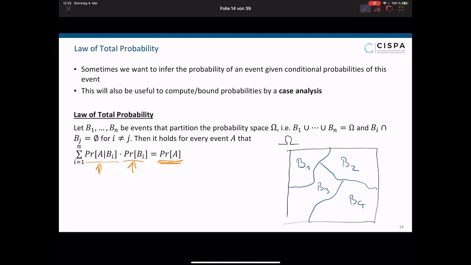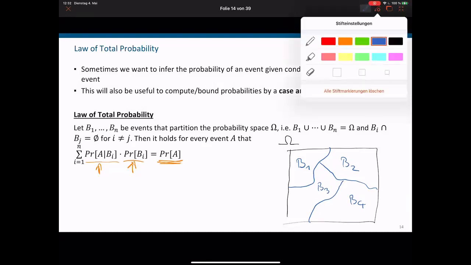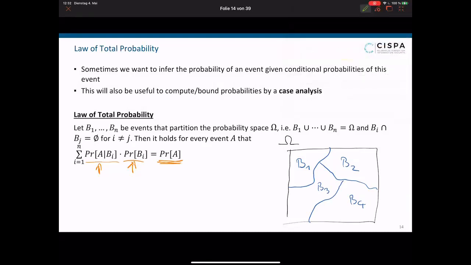We have a partition of our space omega, and what that means is for any other event A. Now, when I draw it, this is kind of immediately clear, so I call this A. Then this partition on the space omega also induces a partition on our event or set A, right?